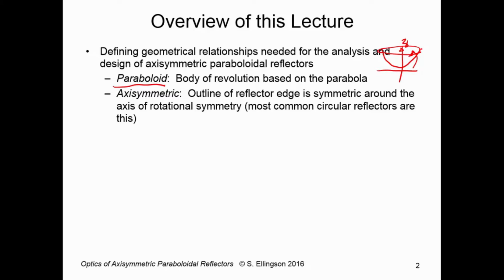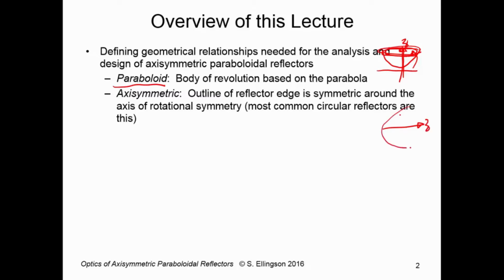By axisymmetric, we mean that the outline of the reflector edge is symmetric around the axis of rotational symmetry. So as I've drawn here, this is axisymmetric. This is in contrast to an offset-fed reflector, which, for example, might look like this. Here's the z-axis.